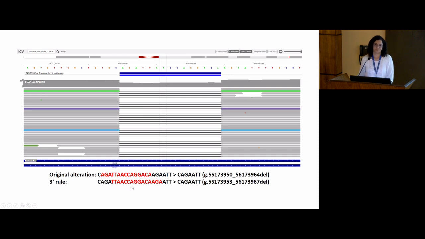So when we have the same consequence, we will take the one which follows the 3' rule, which is right aligned. When we are getting the same result, we have to follow the sequence that is getting deleted at the 3' end and not at the 5' end.